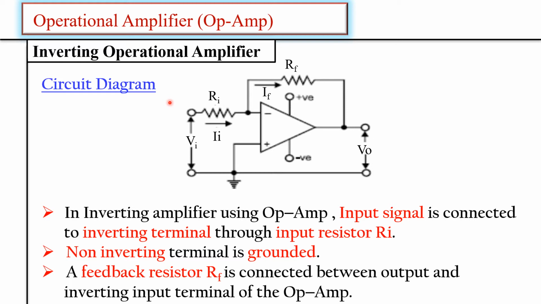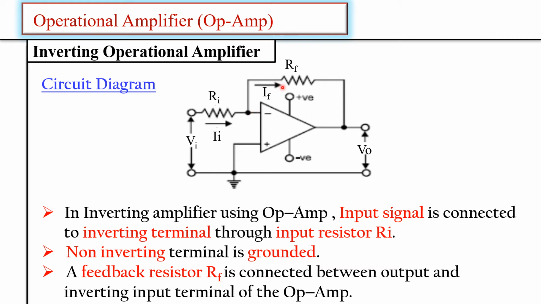So first we will see the case where we are applying the input to the inverting input terminal. Let us say that we have applied the input to the inverting terminal through the resistance Ri, and we are providing a negative feedback from output to the inverting terminal via this feedback resistance Rf.